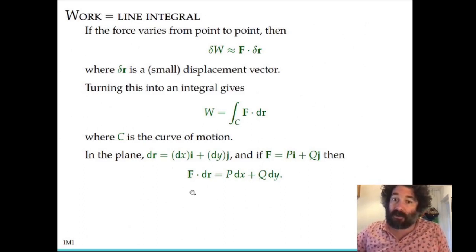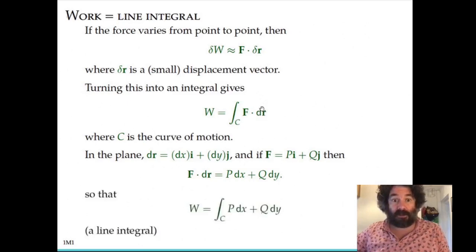Then this dot product F dot dr is just P dx plus Q dy. And this is exactly the differential form that we integrate. So this F dot dr is actually a differential form, and we see that this work is actually given as this line integral of a differential form, exactly the type that we studied before.